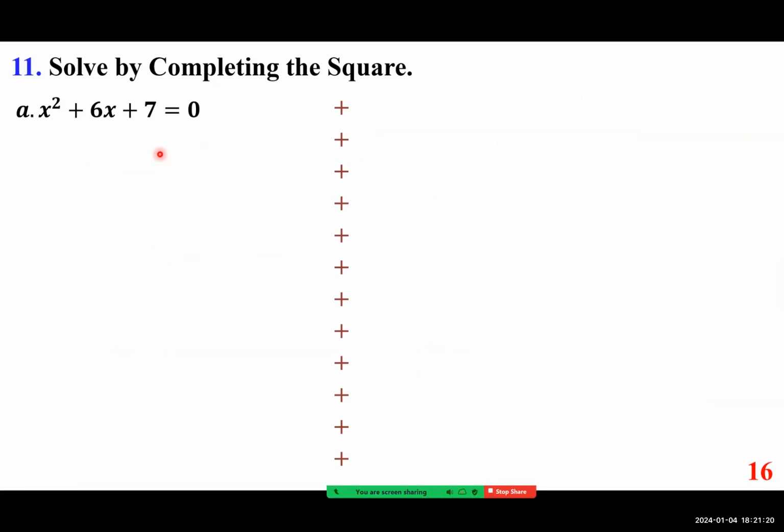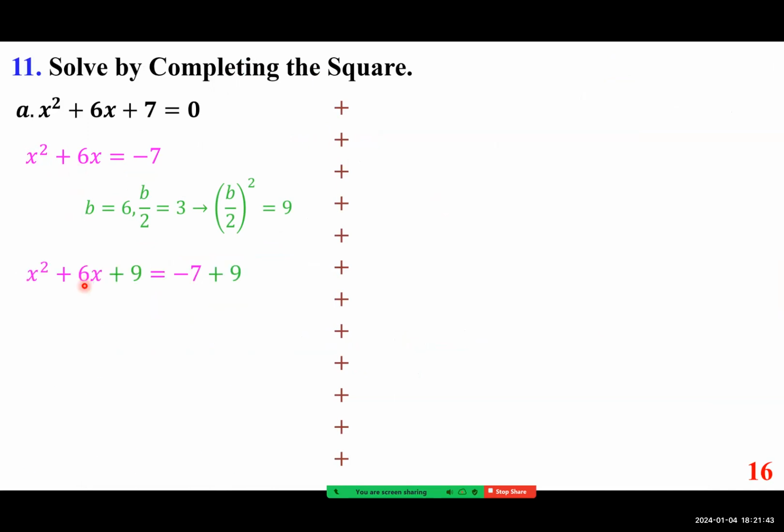but specifically, number one, we move the constant, and number two, we make sure a is 1. Now b is 6, divided by 2 is 3, and squared becomes 9. Let's add this to both sides.